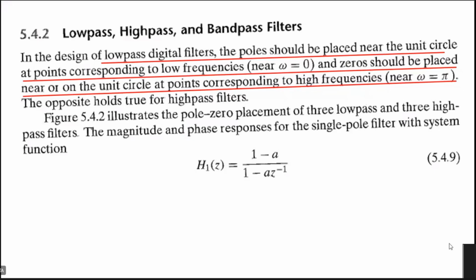We have seen that there are two frequencies, one at low frequency, that is omega is equal to 0, and one at high frequency, omega is equal to pi. The corresponding value of Z we have calculated using this formula.